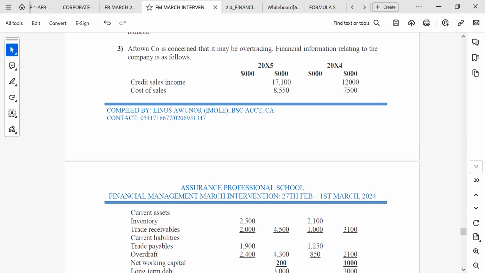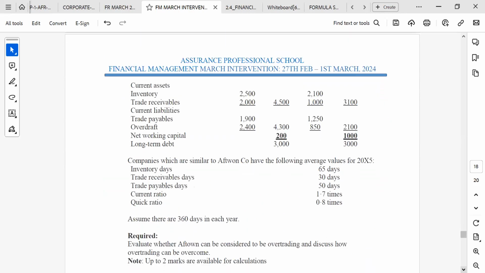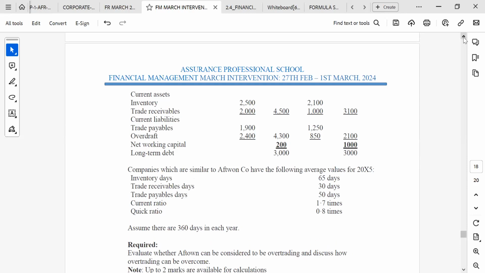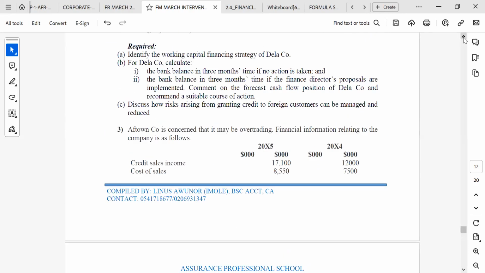Evaluate whether the company can be considered to be overtrading and discuss how overtrading can be overcome. Okay, we look at the symptoms of overtrading, isn't it? If a company is overtrading, we say that there will be what? What are the symptoms of overtrading?